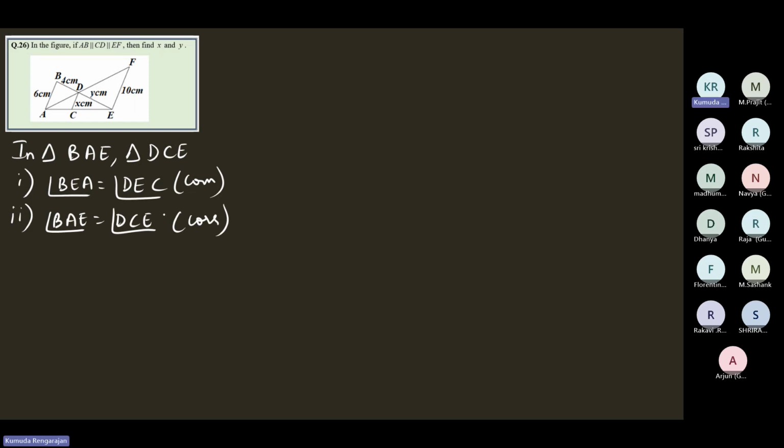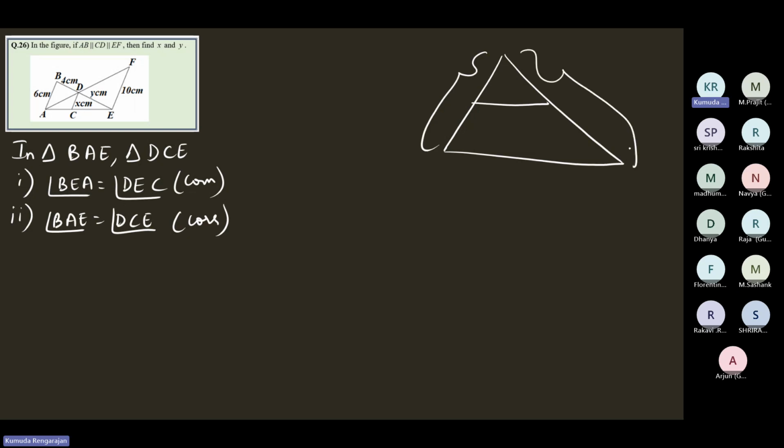Okay, so sometimes we have a doubt as to when to use similarity, when to use BPT. See, if you have a figure in which information is given about these two sides and you're asked to find something related to these two sides, you can use BPT or similar triangles. BPT involves only two sides of the triangle.